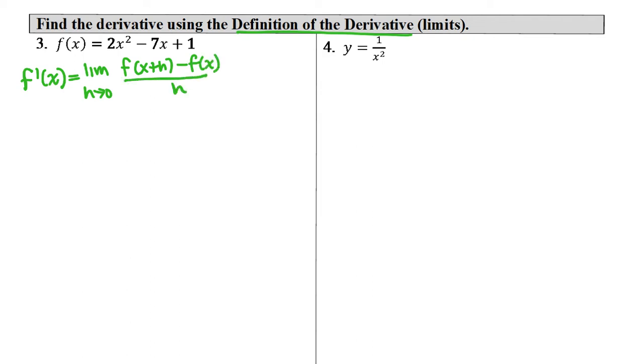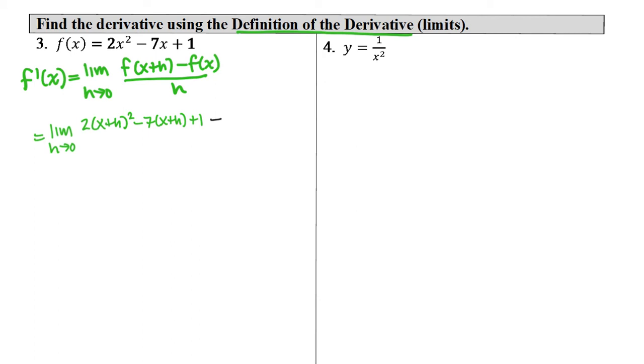Then I'm going to go ahead and plug it in. If I plug x plus h into this function, I'm going to plug it here, and I'm also going to plug it here. 2 times x plus h squared minus 7 times x plus h plus 1. Then I'm going to subtract f of x. f of x is the expression exactly as it is.